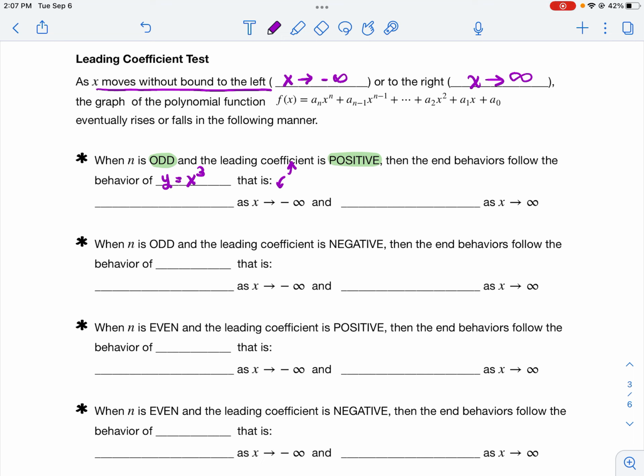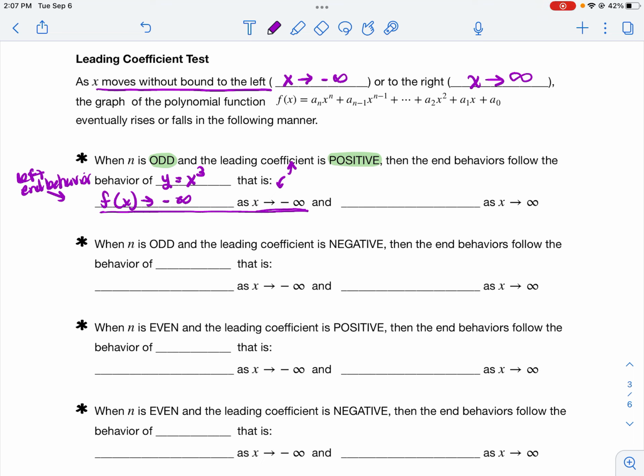Now how do we write this? Notice that my arrow is going down on my left-hand side where x is extremely small. So when x is approaching negative infinity, my function value is going to negative infinity. This describes your left end behavior. What you'd write is f of x goes to negative infinity as x goes to negative infinity.